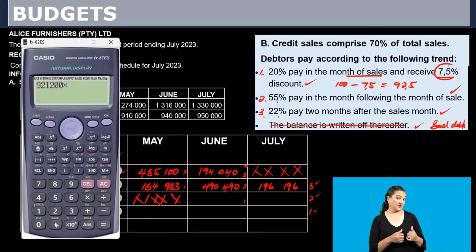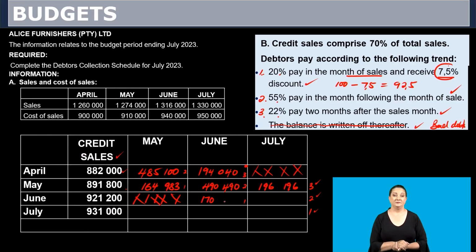And I'll get 20%, and of that 20% I'm not going to get entirely. I'm going to get also 92.5%, so I multiply by 0.925. And then I'll end up with 170,422. Then I come to the month of July now.